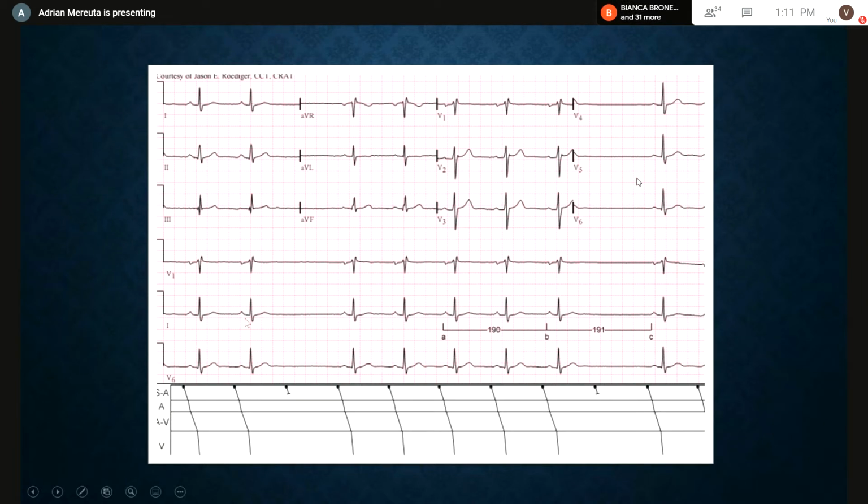That means it's a 2-to-1 sinoatrial block. In this case, you can see a drawing where the impulse is blocked between the sinus node and the atrium. A means atrium.